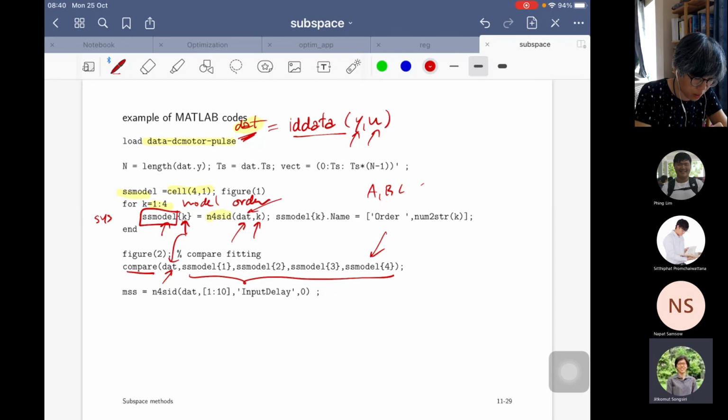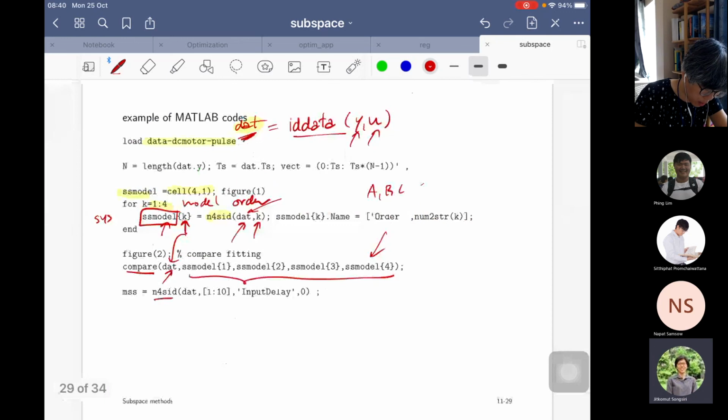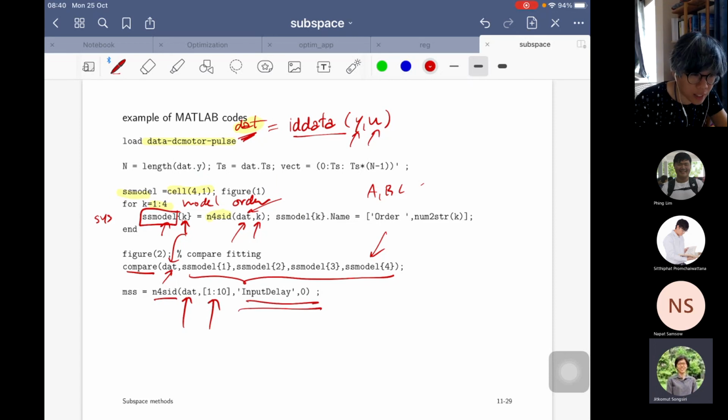Before the step of getting the model, as I said, sometimes you need to pick the model order first. To get this GUI, I use the command n4sid, specify the data, and specify the range of model order from 1 to 10. Here you can also specify the input delay. If you already know that your system has a delay of 2 steps, 3 steps, or whatever, you can specify the number.